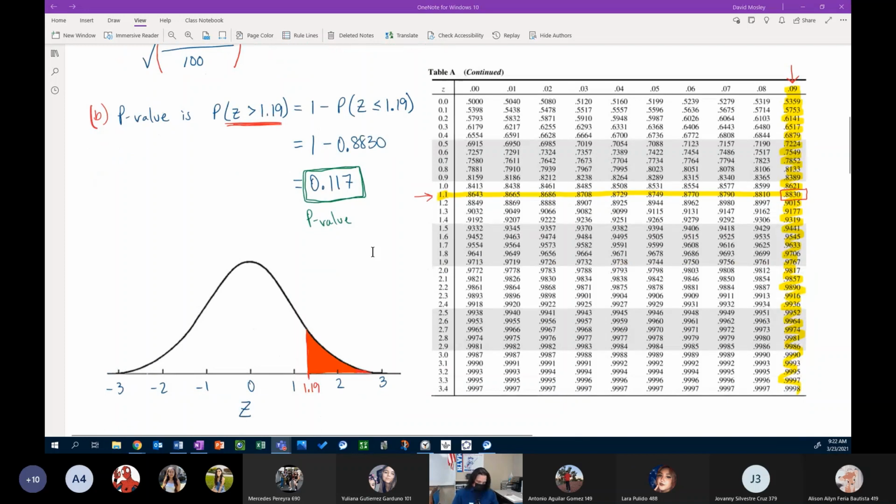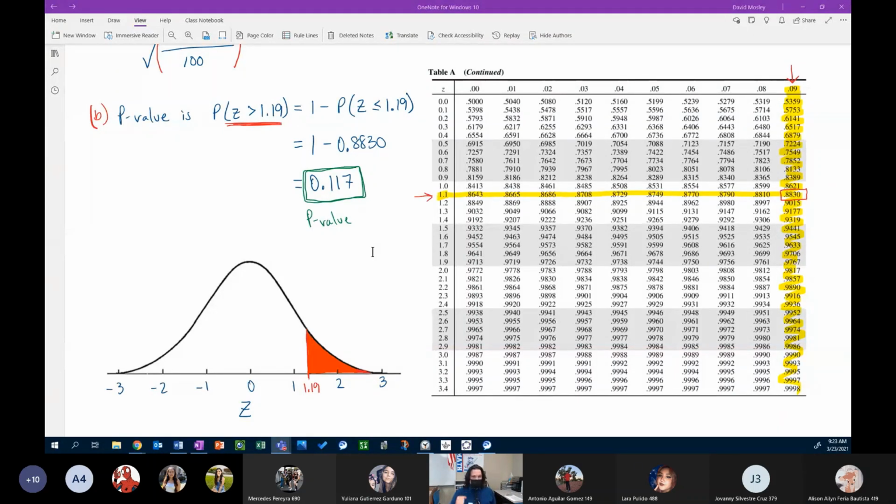In the normal curve, this is kind of what it would look like. We have the values of Z, which look very similar to the standard normal curve. 1.19 is going to be right about there along our horizontal axis. The proportion greater than 1.19 is 0.117, and that is the p-value.